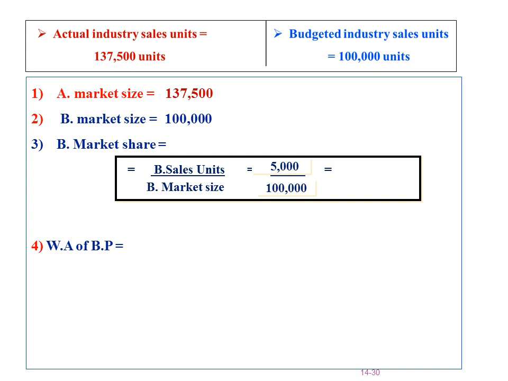So the budget market is 100, but my share in this market according to my budget is only 5. So I can say the percentage of budget market share will equal 5%. How to calculate budget market share? Budget sales units divided by budget market size.